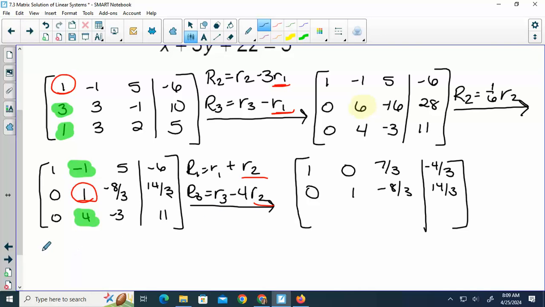Alright, last row. Row 3 minus 4 of row 2. So 0 minus 4 times 0 is still 0. 4 minus 4 times 1.